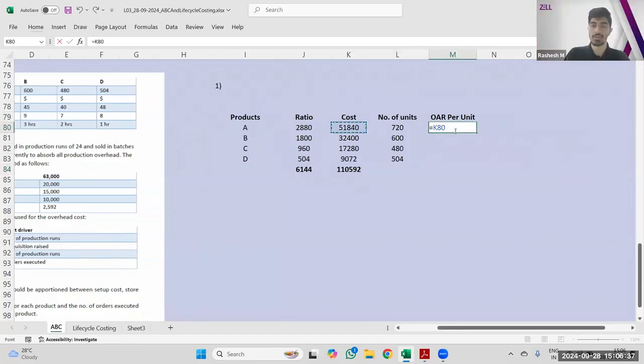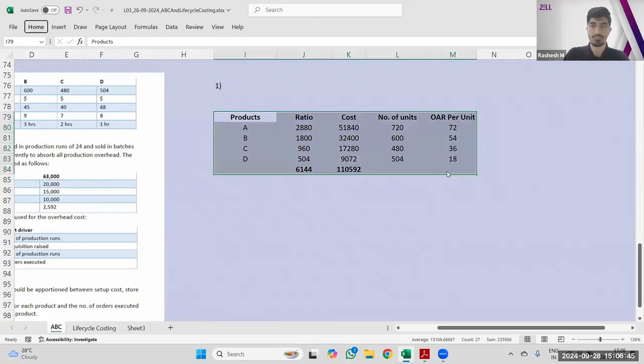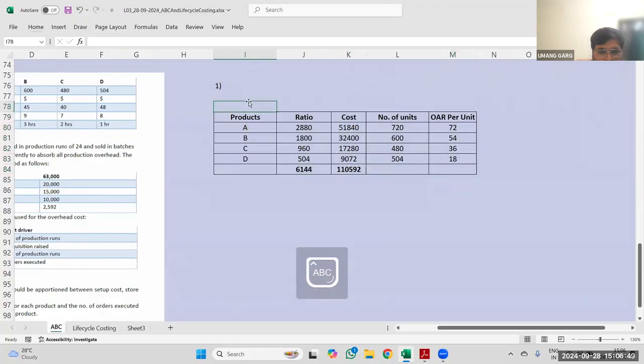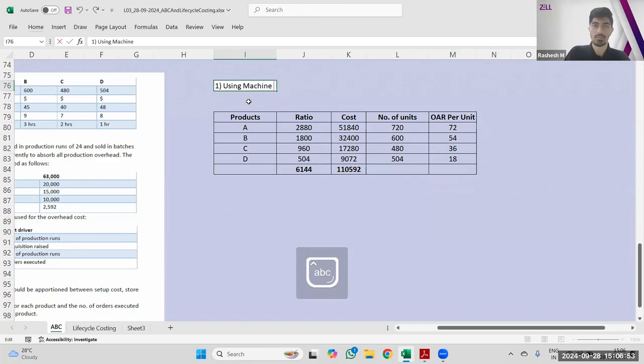So my overhead absorption rate per unit comes to these numbers. This is using machine hours in an absorption costing method.